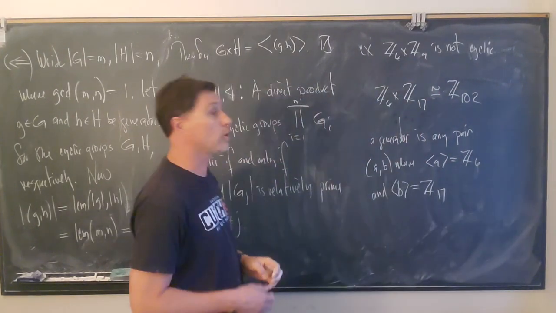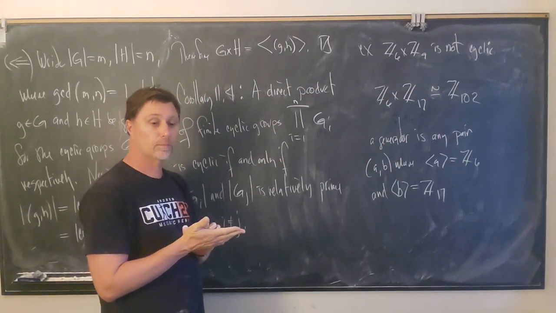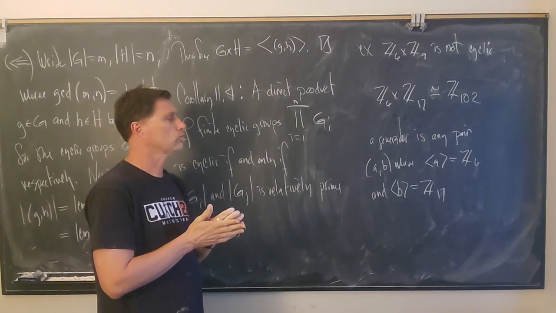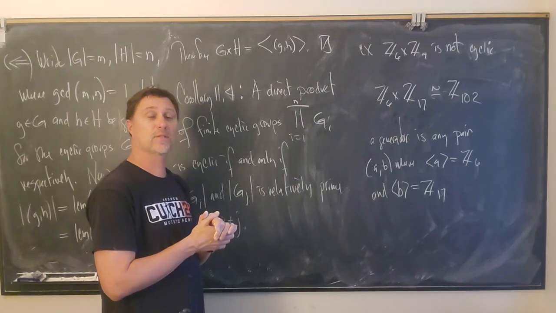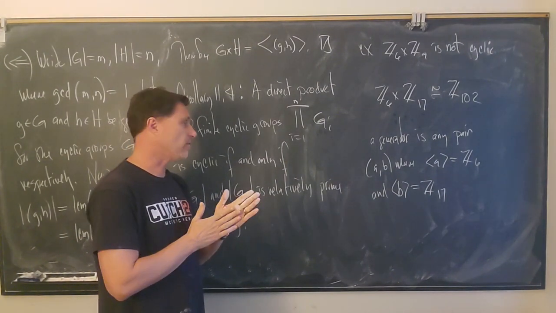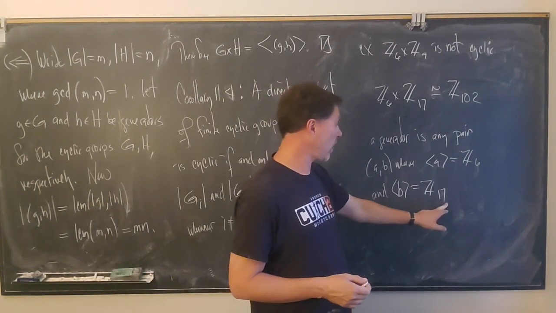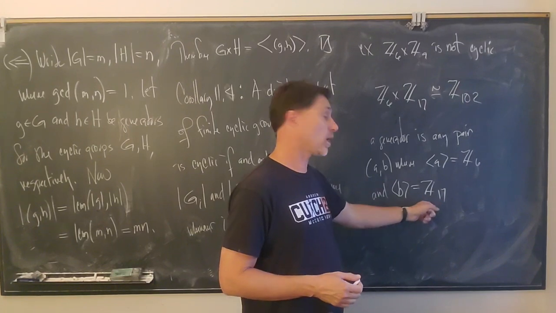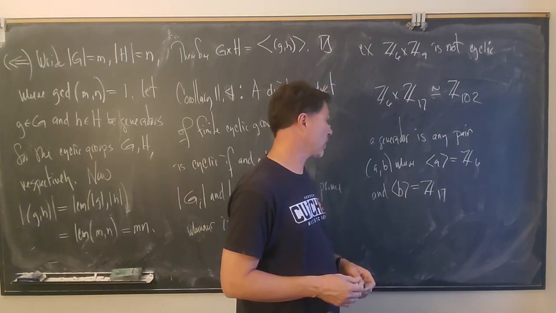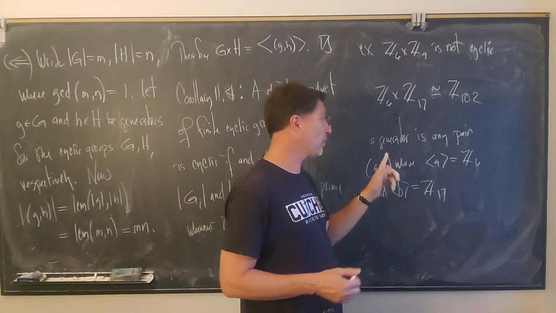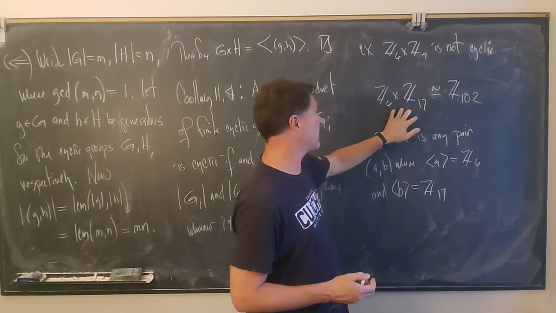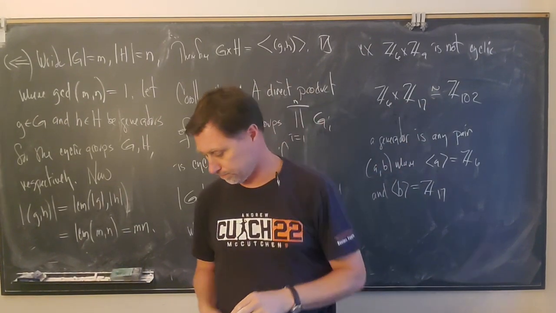So think about who the generators of Z6 are: 1 and 5. And then remember, 17 is prime, so all non-zero elements of Z17 are generators, right? So take any such pair, and you've got a generator for Z6 cross Z17.